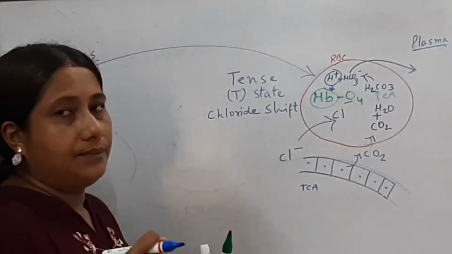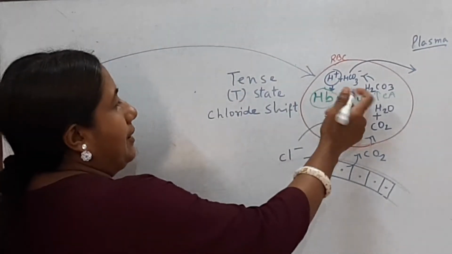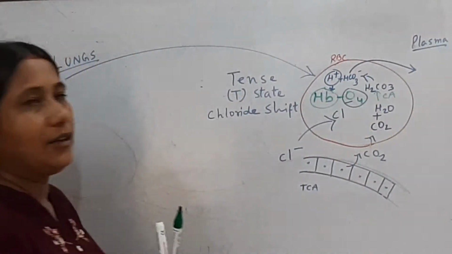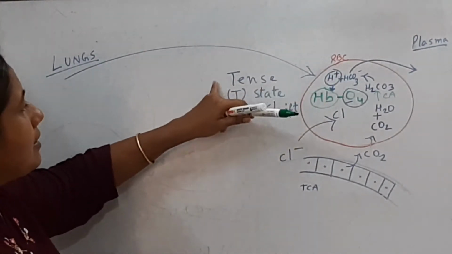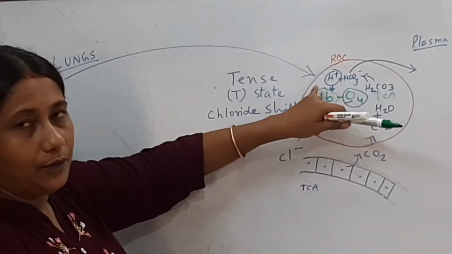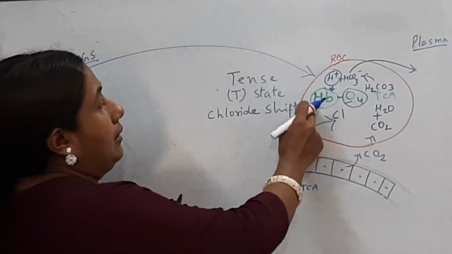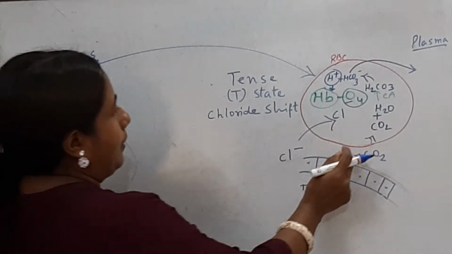So what happened? This hemoglobin leaves this oxygen. Oxygen gets dissociated from the hemoglobin because the hemoglobin comes to the tense state, the state in which oxygen has no affinity to bind with the hemoglobin, and the hemoglobin becomes deoxyhemoglobin.